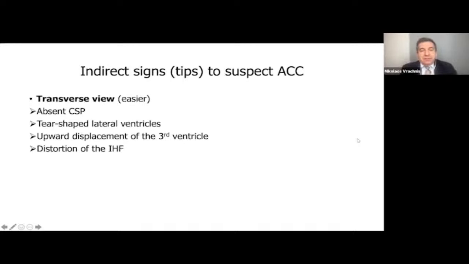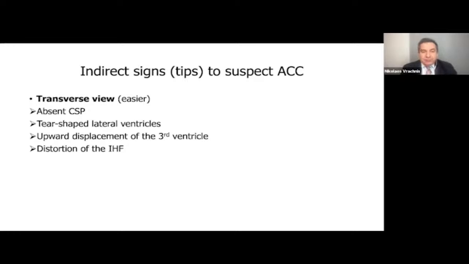So if we would like to remember by heart indirect signs to suspect the agenesis of the corpus callosum, in the transverse view, first of all, which is our standard view, there may be an absent CSP. There may be our well-known tear-shaped lateral ventricles.